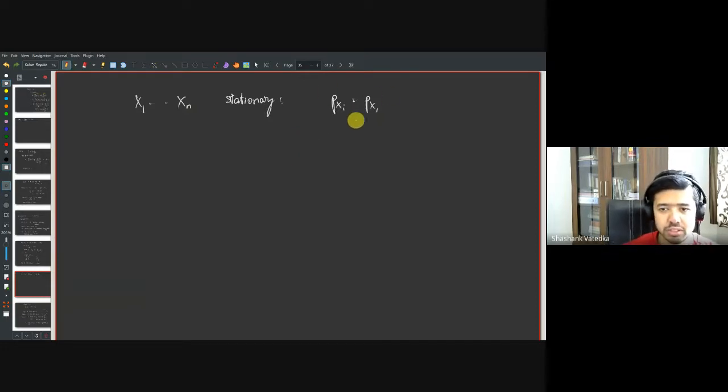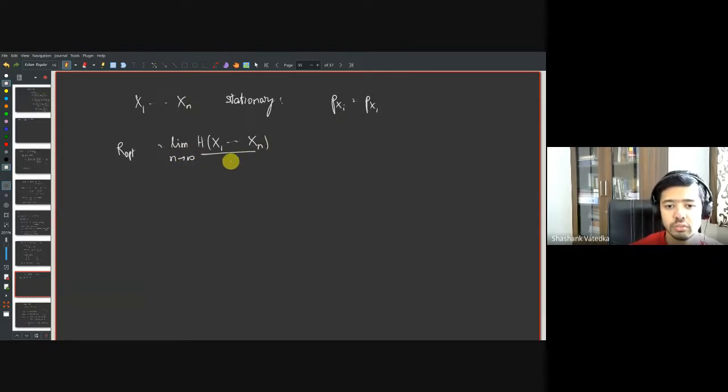But let's look at this property of stationary sequences. If I want to compress this sequence, then the minimum expected length is H of X1 through Xn, and therefore the optimum rate would be equal to the limit as n tends to infinity of H of X1 through Xn divided by n.